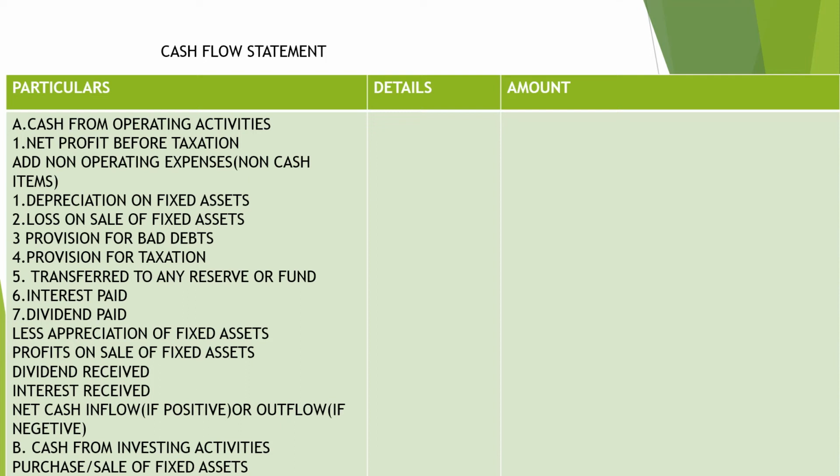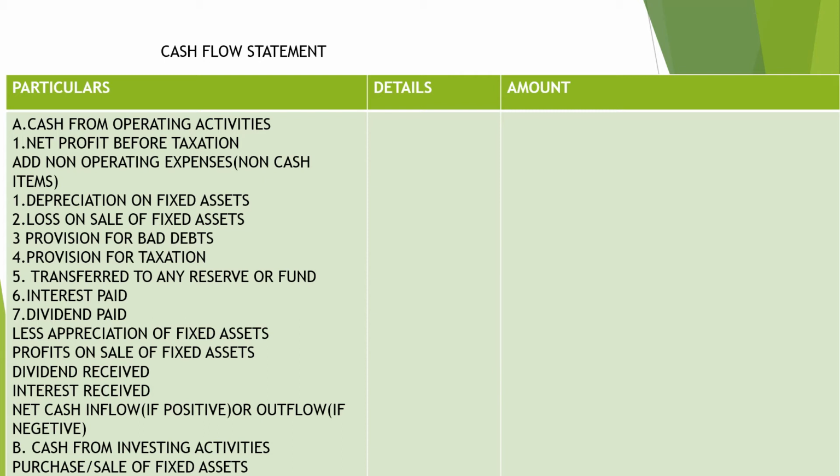So if our net result is coming in positive, it is net cash inflow, and if it is coming in negative, it is net cash outflow from operating activities.